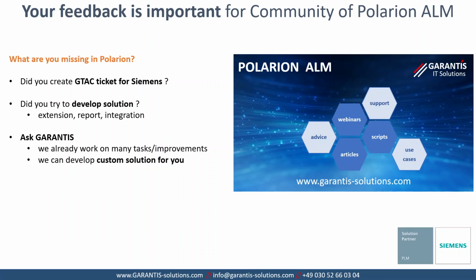This way you tell Siemens that it is a needed feature, and the more customers ask for it, the faster it comes. Did you try to develop a solution, extension, report, or some integration? It is quite possible either with the REST API, which is in the new version, or with web services from the previous versions, or maybe just using Velocity, Python scripts or the PSO scripting engine.